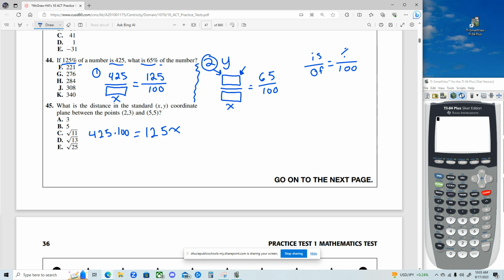I'll just put that right into the calculator. 425 times 100 is 42,500, equals 125x. Now, to get the x by itself, divide both sides by my 125.